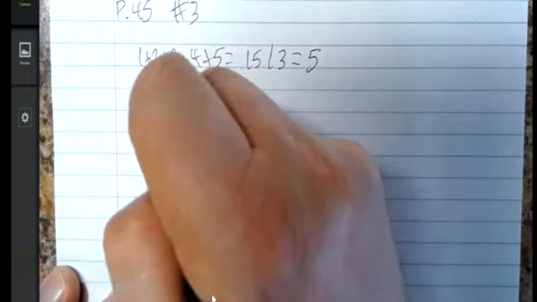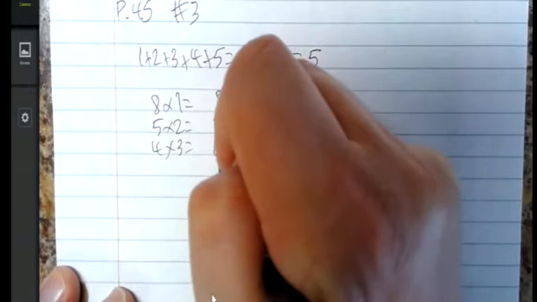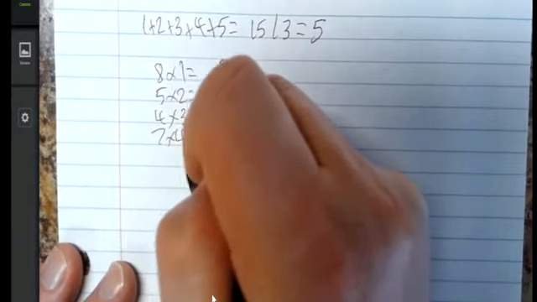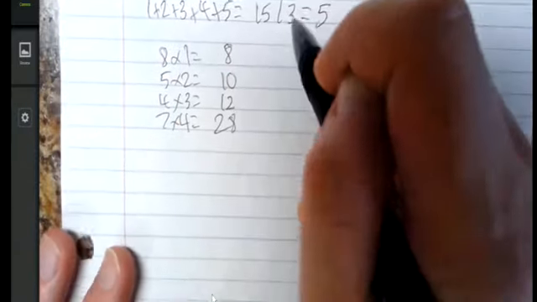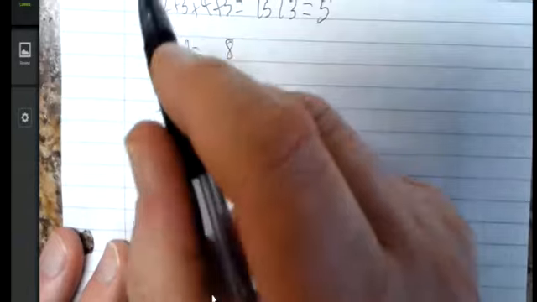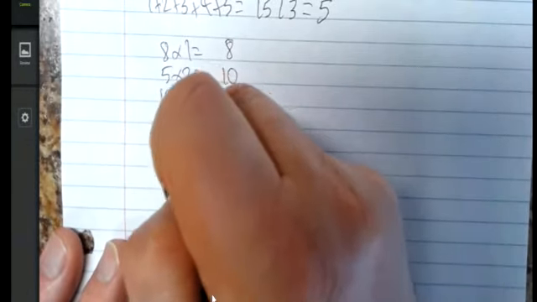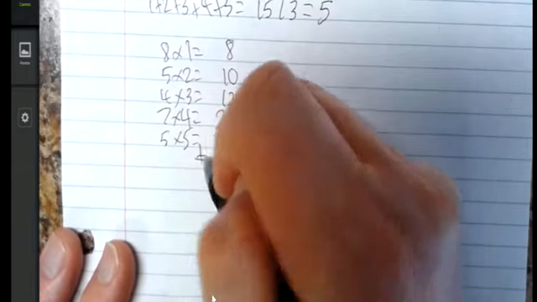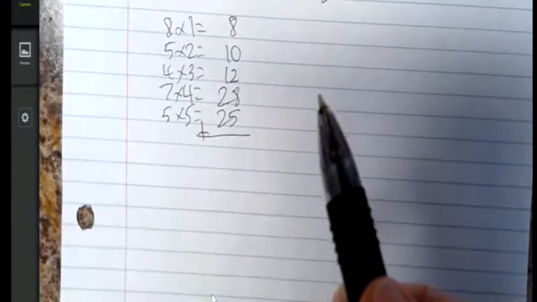But now we do 8 times 1 is 8. 5 times 2 is 10. 4 times 3 is 12. 7 times 4 is 28. 5 times 5 is 25.